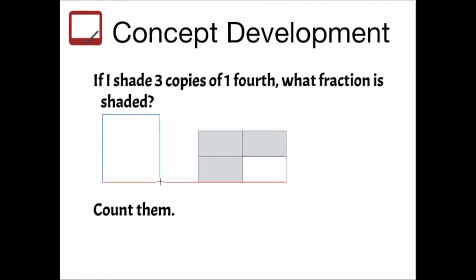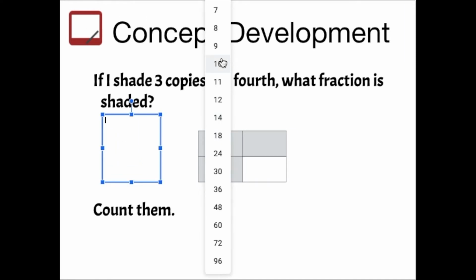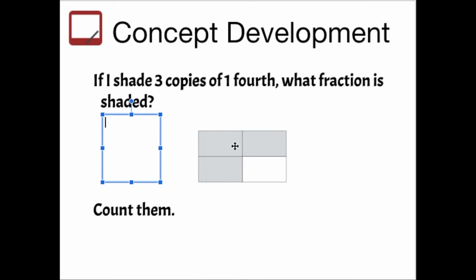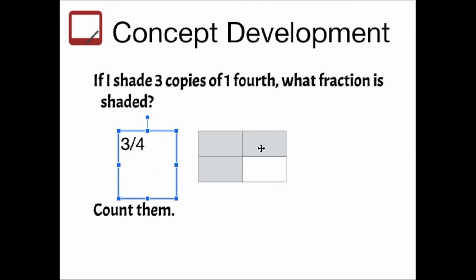So 3 is going to be our numerator. 3 out of 4 parts. Our fraction should read 3/4. There are 3 parts shaded, 1, 2, 3 out of 4.